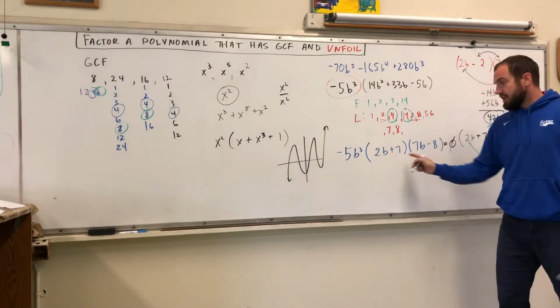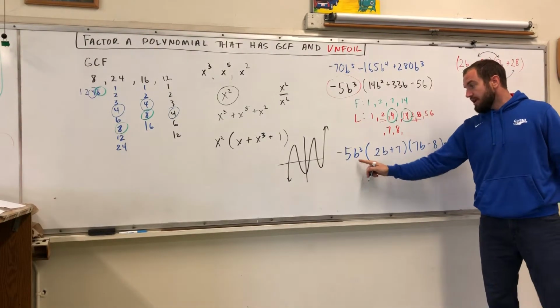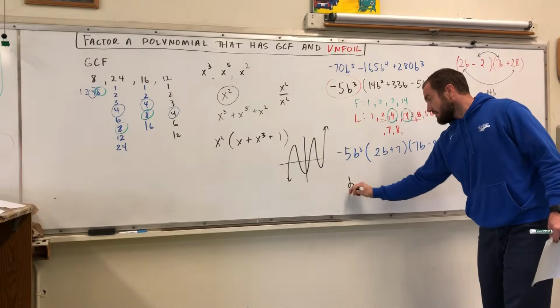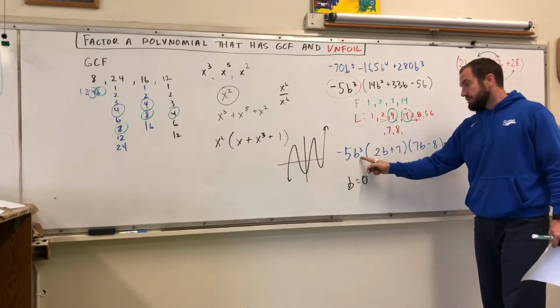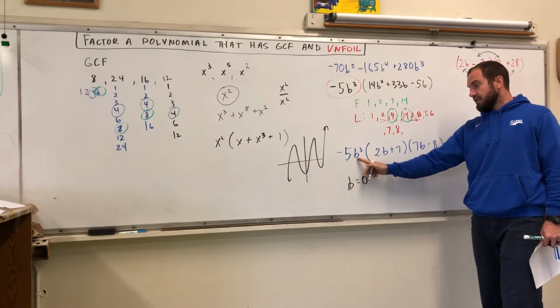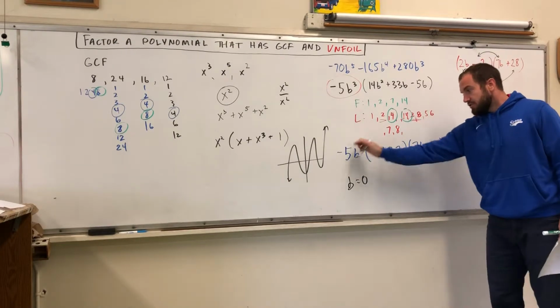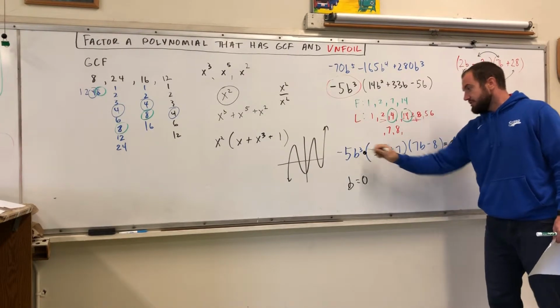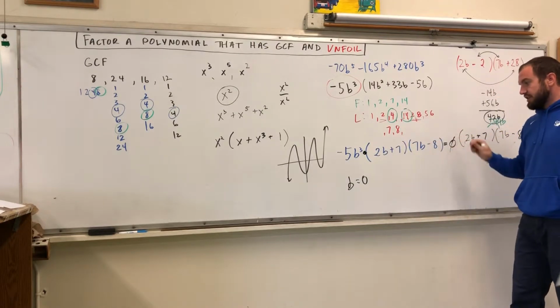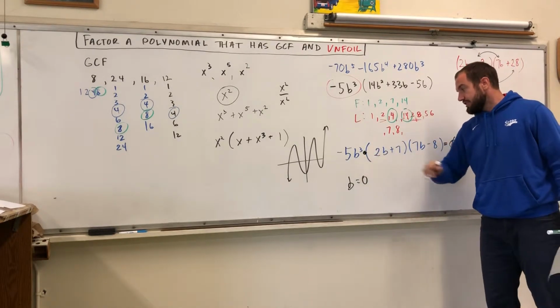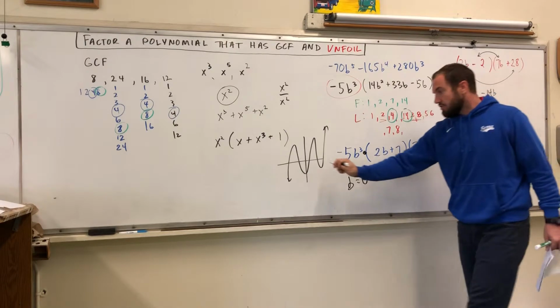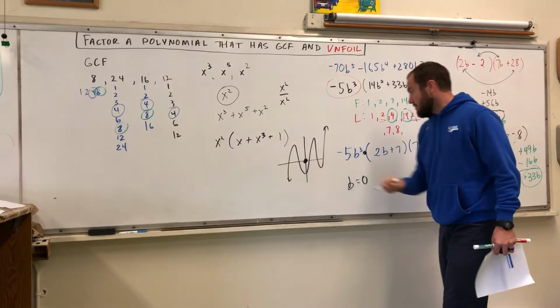Well, if I set it equal to 0, I know one of my zeros is going to be 0 itself, because if I put a 0 here, 0 to the third power is 0, and as soon as I have a 0 and I'm multiplying, it doesn't matter what the rest is, it's going to give me a 0. So one of my zeros is actually 0. This graph will actually intersect at the origin.